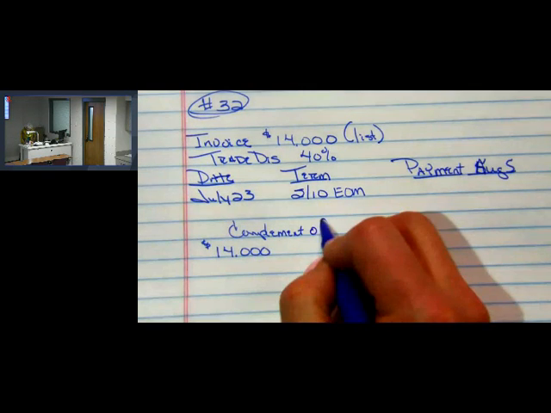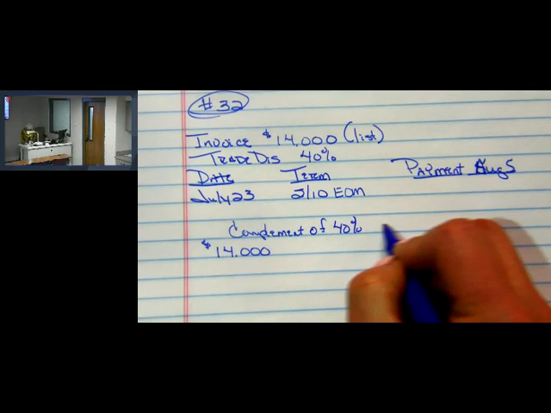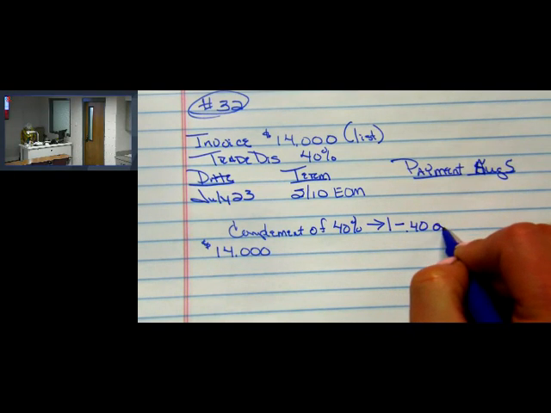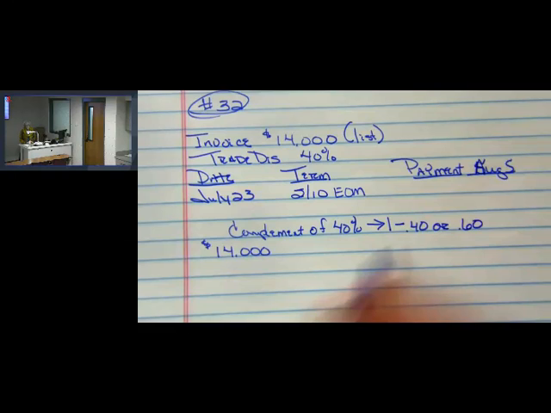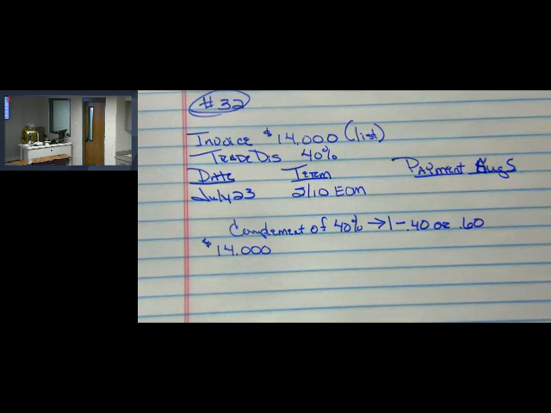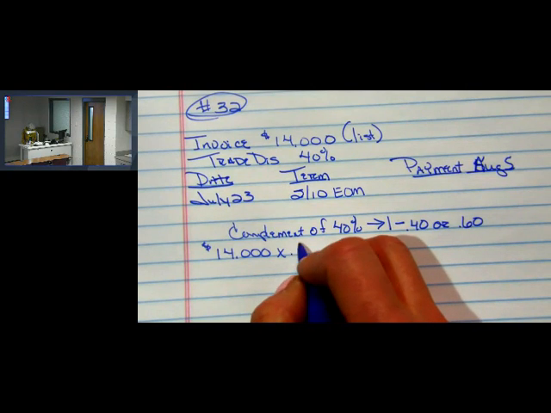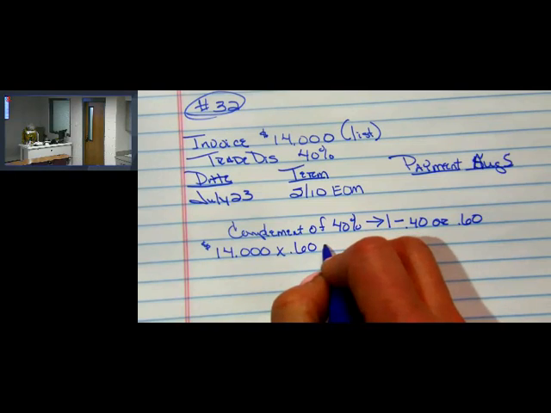The complement of 40% is 1 minus 0.40, or 0.60. Remember that? So I'm going to take 14,000 times the complement, 0.60, to apply that trade discount.